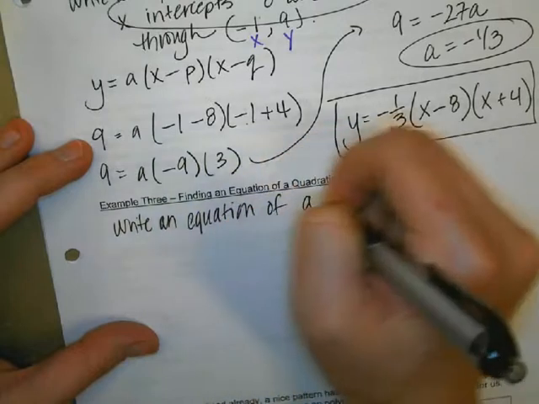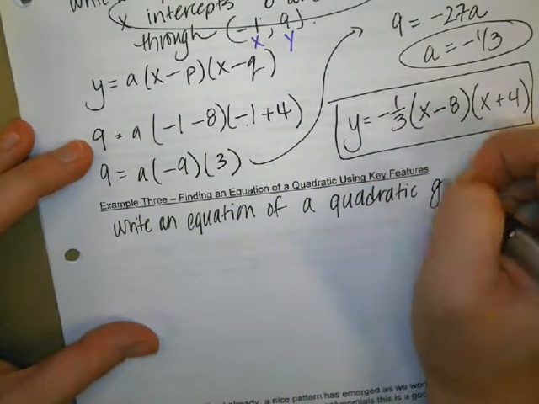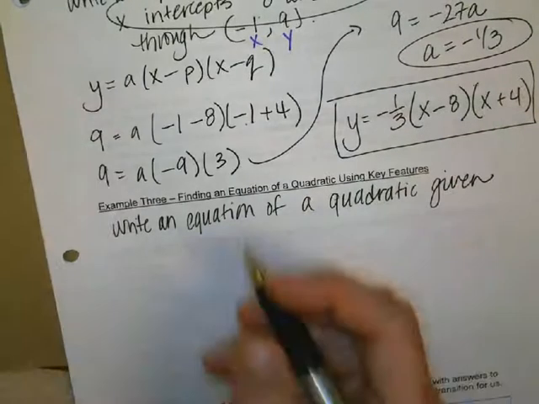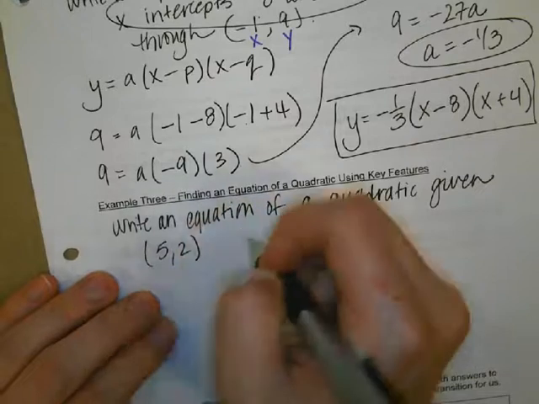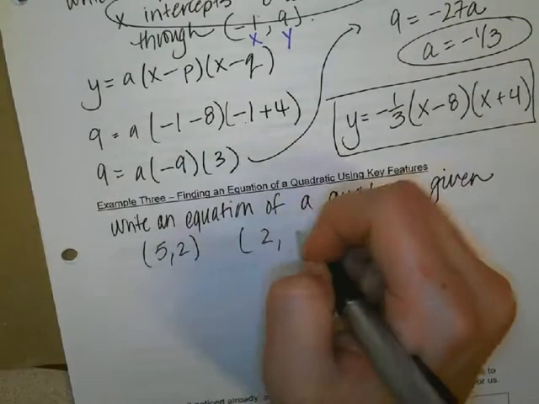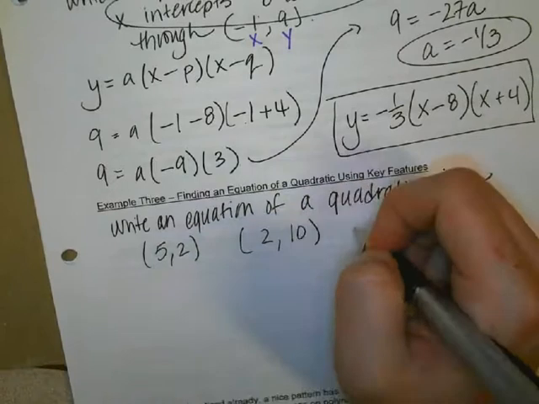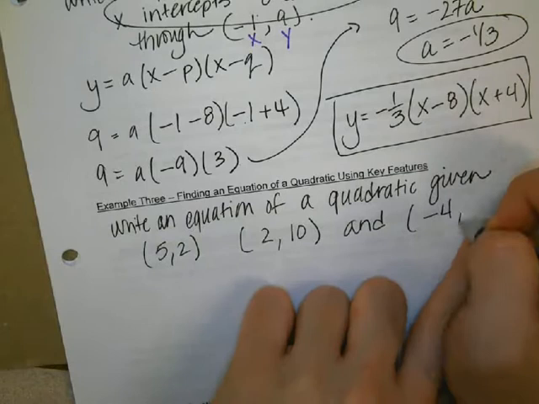All right, for example 3, we're going to write an equation of a quadratic given 3 random points: (5, 2), let's go (2, 10), and (-4, -7).